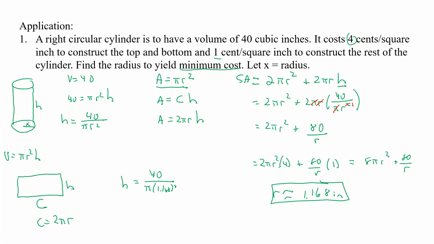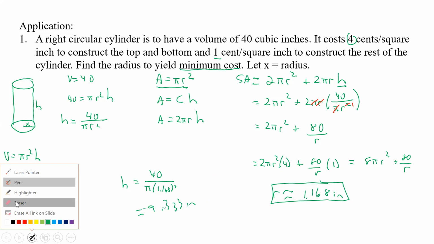So 40 divided by pi times 1.168 squared. And so that is going to give us roughly 9.333 inches.